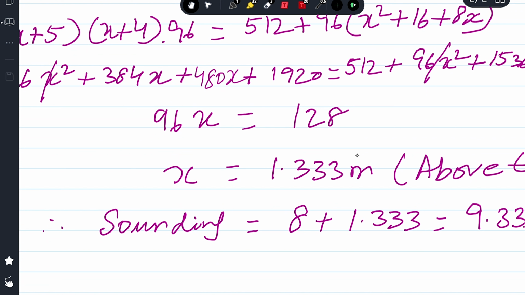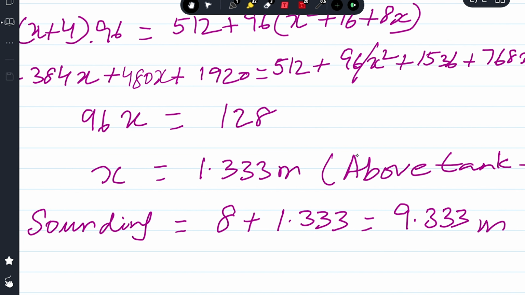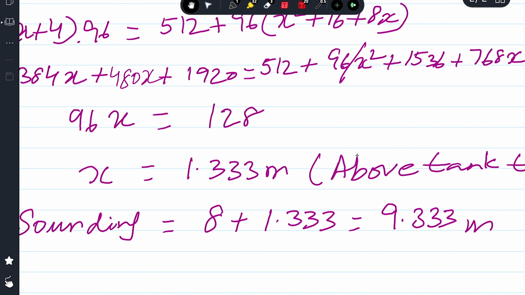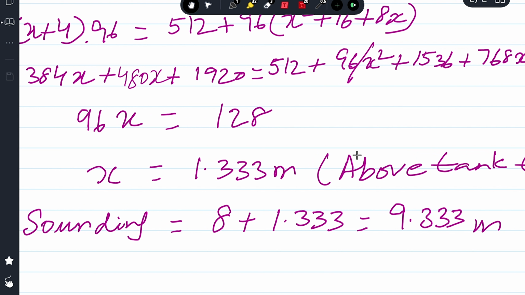X is 1.33 meter above the tank top. You remember, this x was the liquid level above the tank top in the sounding pipe. So it is 1.33 meter above the tank top.